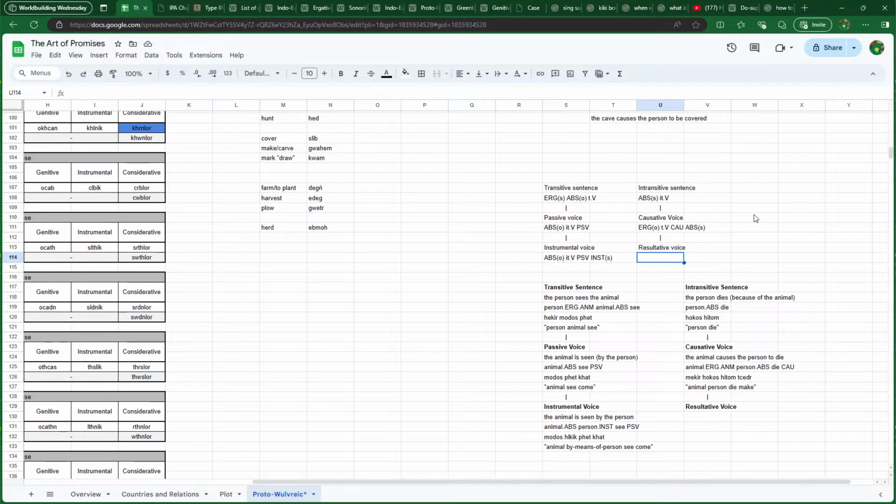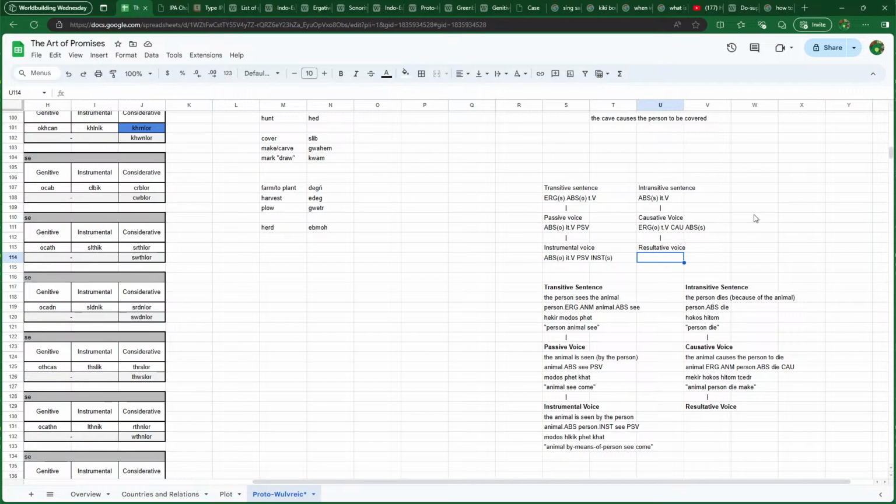But basically, would it be ergative again? No. No, it would still be absolutive because it's a passive sentence now.